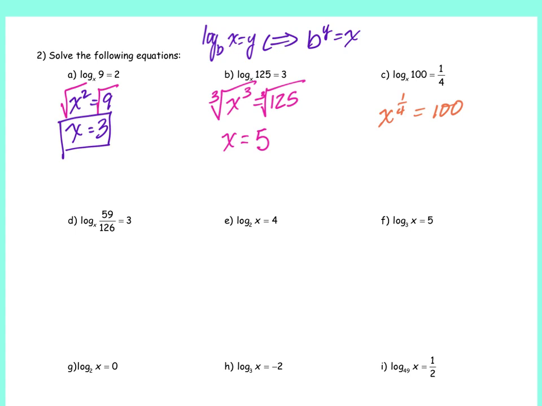I want x to the 1/4 to become x, not x to the 1/4. Do you multiply x by 1/4? Or do you divide it? No, that's okay. That's okay.